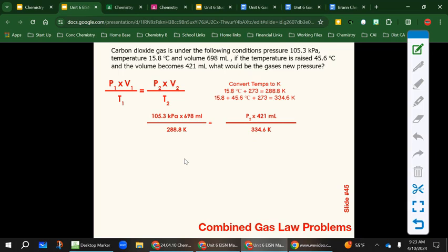So I'm going to take this side times 334.6, and what I do to one side, I'm going to do to the other. But I also have to divide this side by 421 milliliters. So you can put it all on one line. You can arrange it from there. Choice is up to you. I'm going to get P2 alone by dividing this side by 421 milliliters and 288.8 Kelvin.